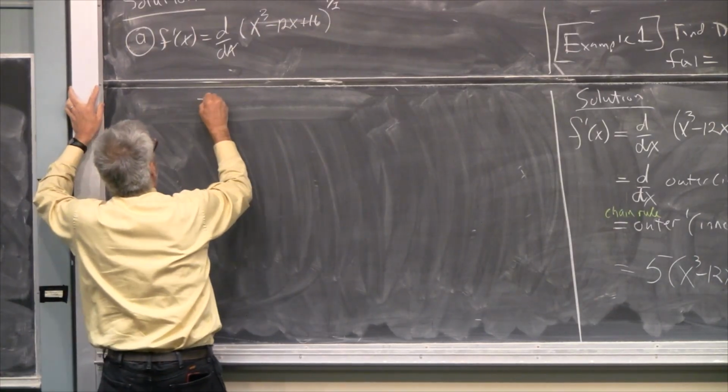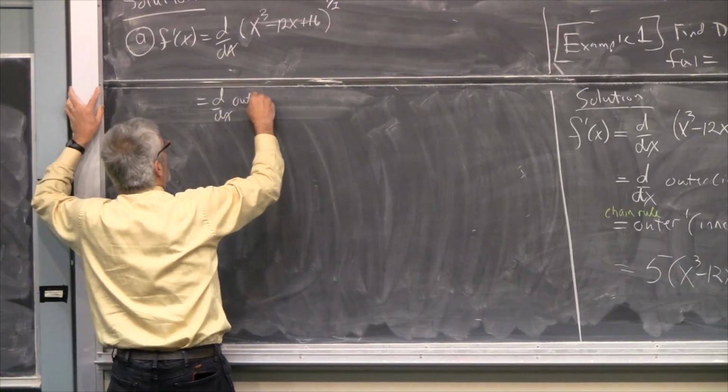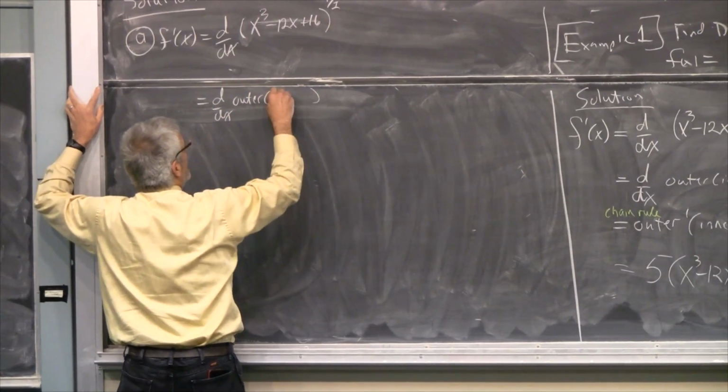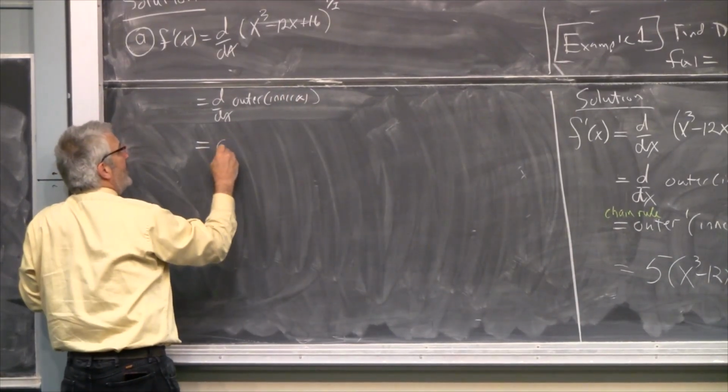I'm going to write the form: this is the derivative of outer of inner of x. And so the chain rule says that I need to do this.